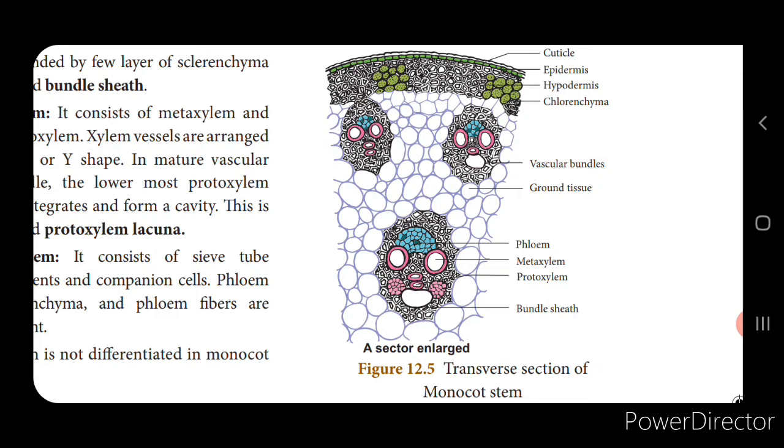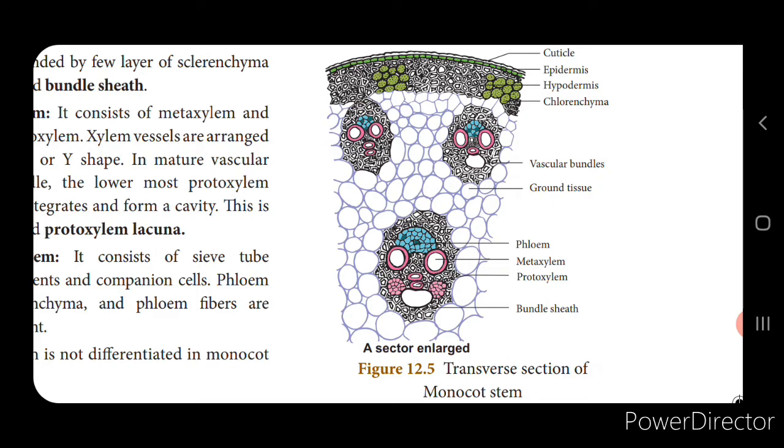So it consists of the metaxylem and the protoxylem. I said that the protoxylem will be smaller in size. These are unmatured cells. And when it matures, it becomes the metaxylem, which is larger in size. I said, isn't it? You can look into the picture, the smaller circles, that is double layered pink cells, are written as the protoxylem, isn't it?